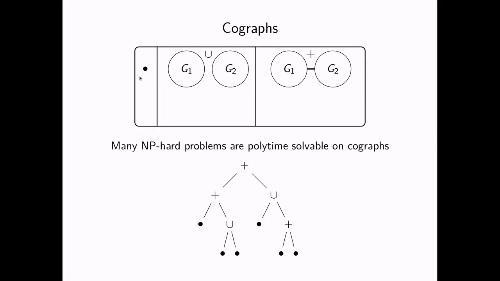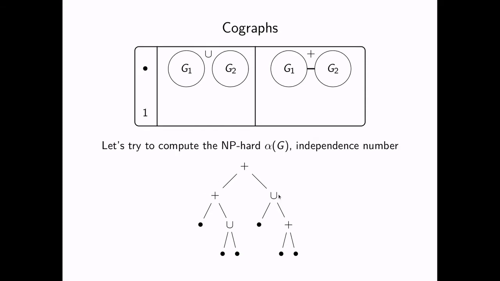And you see that there is a natural tree associated to those operations, where at the leaves you have single vertices, and for internal vertices you have two different labels that are either the complete sum or the disjoint union. And because of this tree structure, there are many problems that you can solve in polynomial time on cographs.